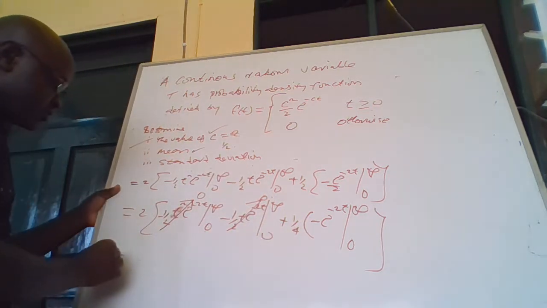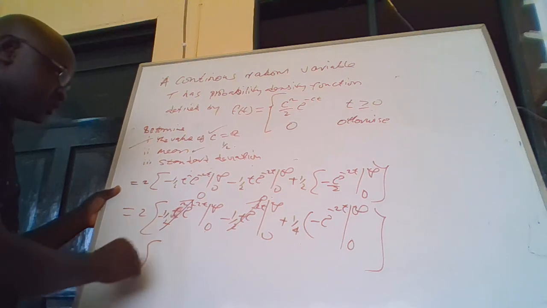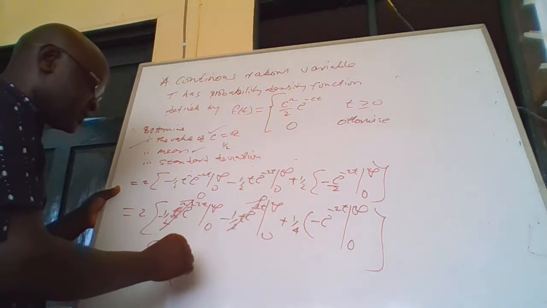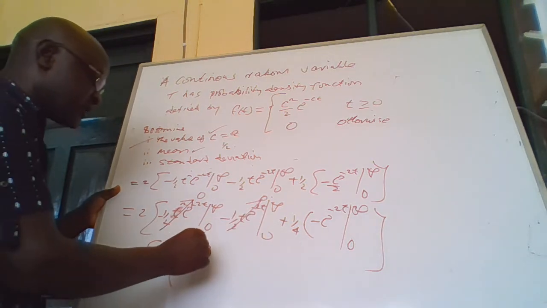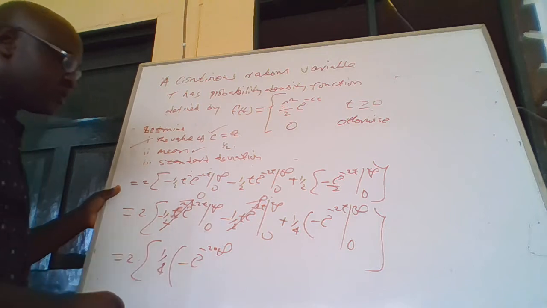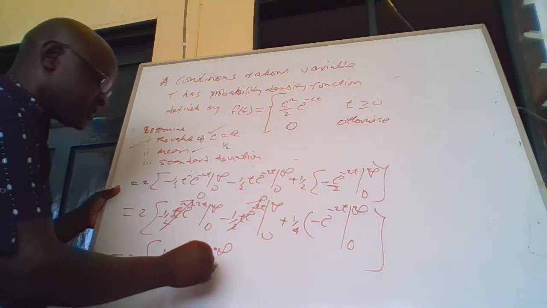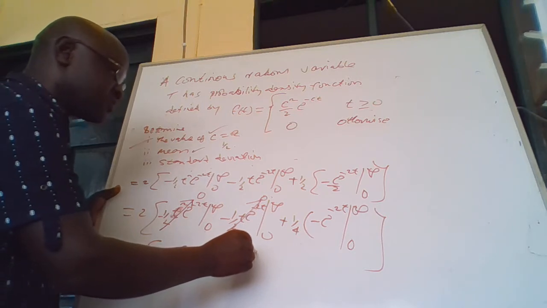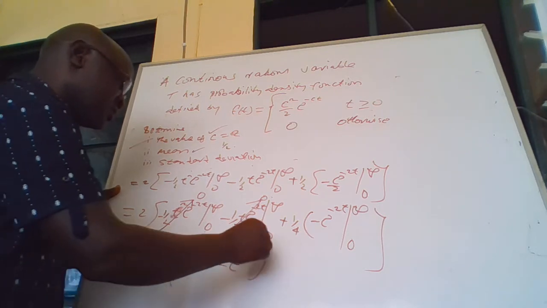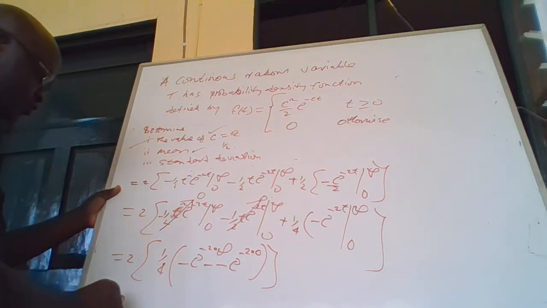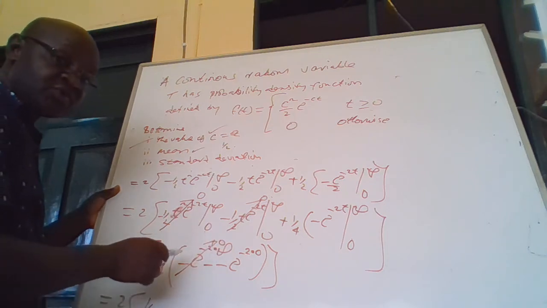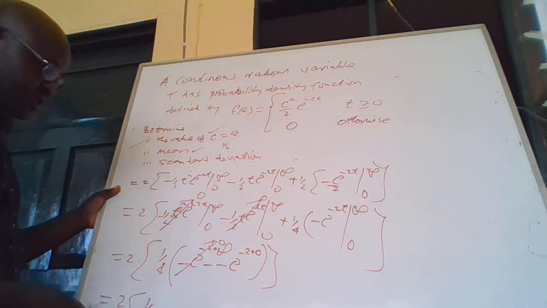And then we are now remaining with this. So we have this equals 2 into 1 all over 4 into, now here we have minus exponent minus 2 times positive infinity. Then we have minus exponent minus 2 times, now we substitute the lower limit which is 0. So this equals 2 into 1 all over 4. Now this will be 0. Everywhere you substitute positive infinity will always give you 0.